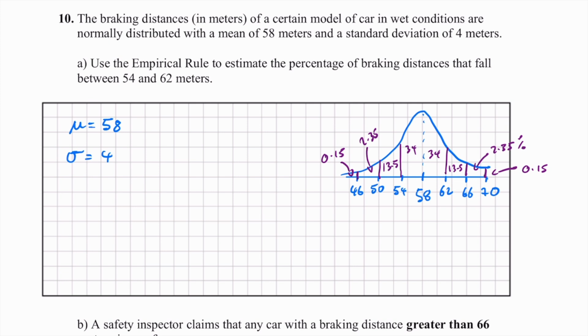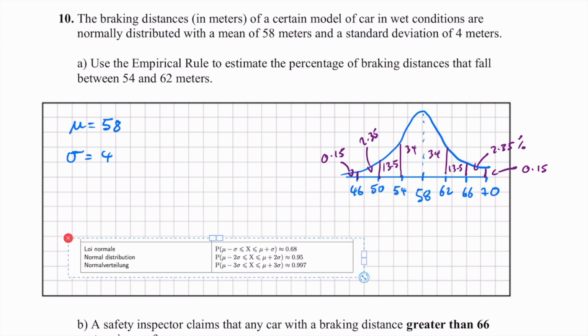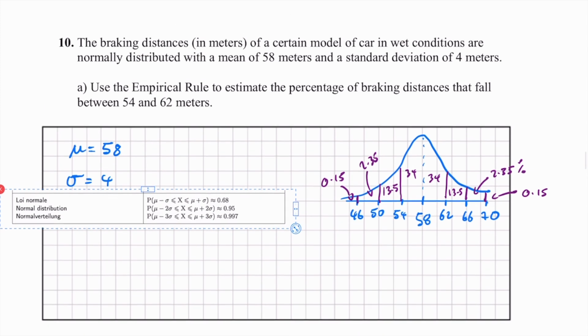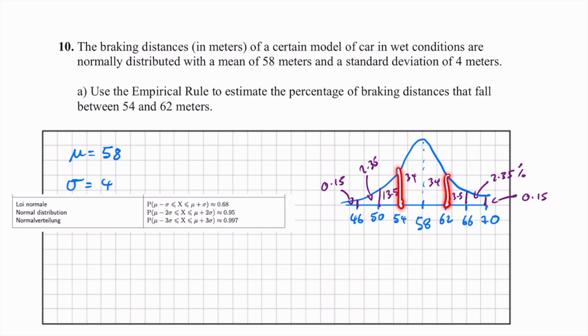Anyway, moving on from there, we're going to use the empirical rule to estimate between 54 and 62. Now 54 is here and 62 is there. Now we can see that's 68% if we add these two numbers. We can also use the formula you have in the formula booklet, which is this. And you can see in between one standard deviation from the mean, either side is going to give me 0.68, which is 68%.